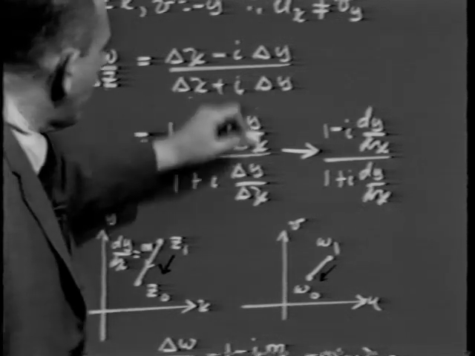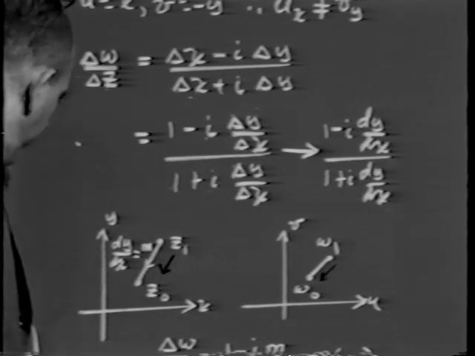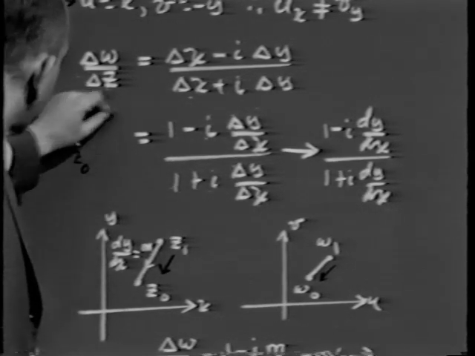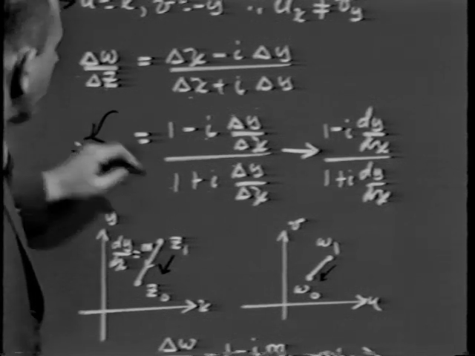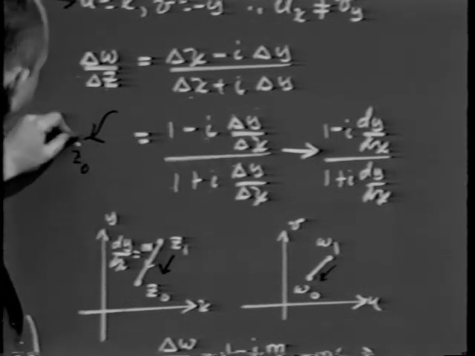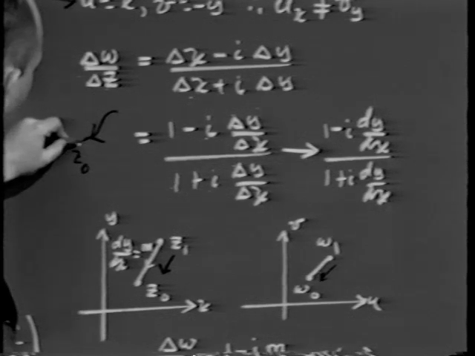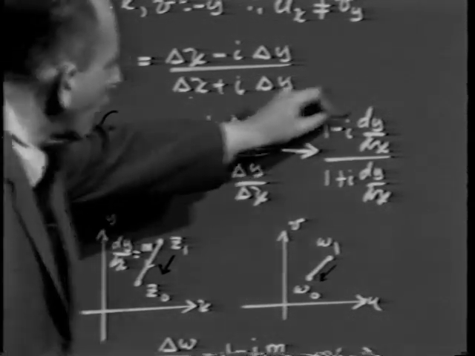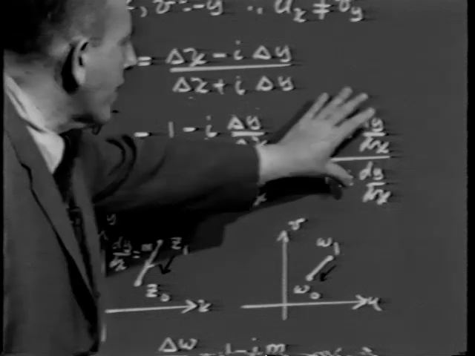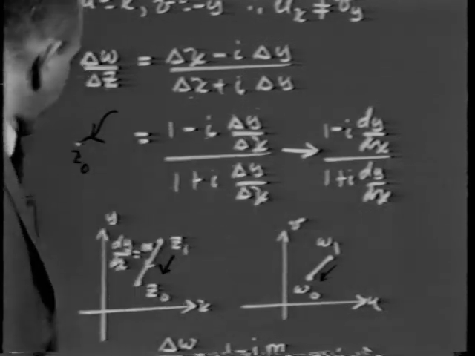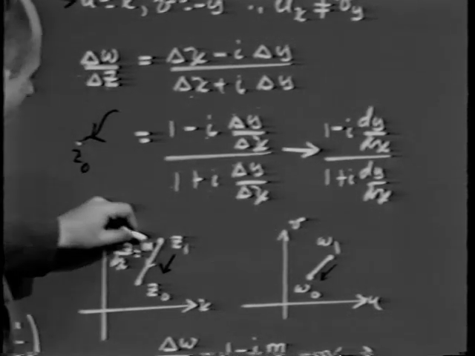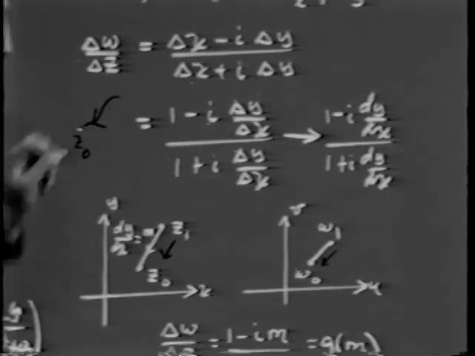And as I approach the point z0 in the xy plane, delta y over delta x approaches the slope of the curve at z0, which we'll call dy dx, and I wind up with this.